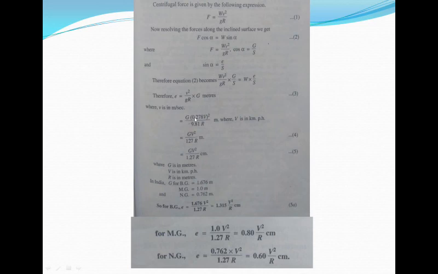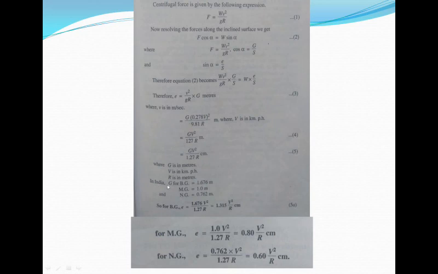G into 0.278 V the whole square divided by 9.81 into R, where 9.81 is the gravity, and it is equal to G V square divided by 1.27 into R, where I have converted the meters to centimeters, right? Where G is in meters, V is in kilometers per hour, R is in meters.